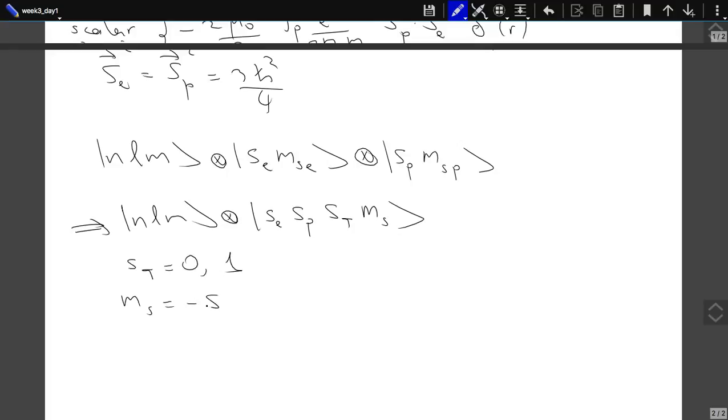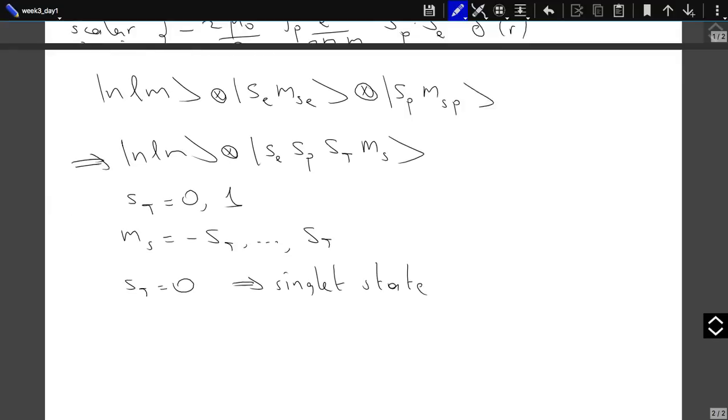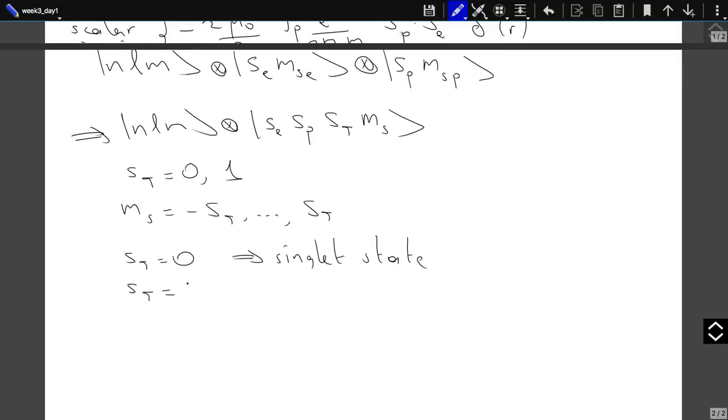And Ms is from minus S total up to plus S total. Now, if the total spin is 0, we call this the singlet state. And if S total is equal to 1, well, Ms can take 3 different values, minus 1, 0, and 1. So that's why we called it the triplet state.